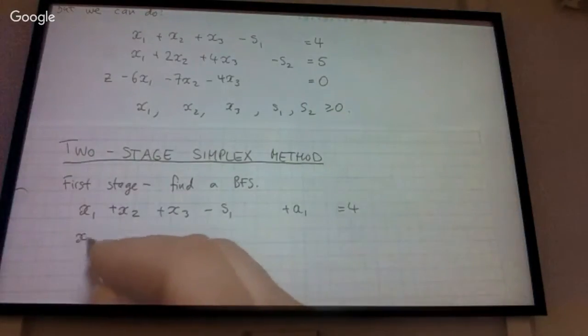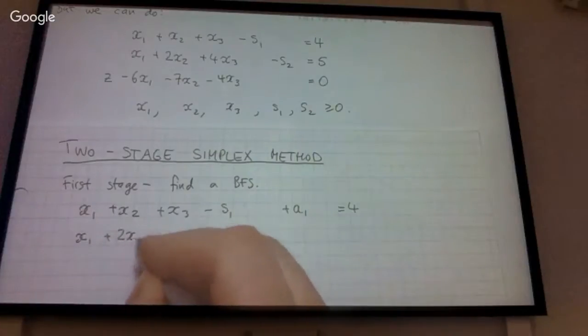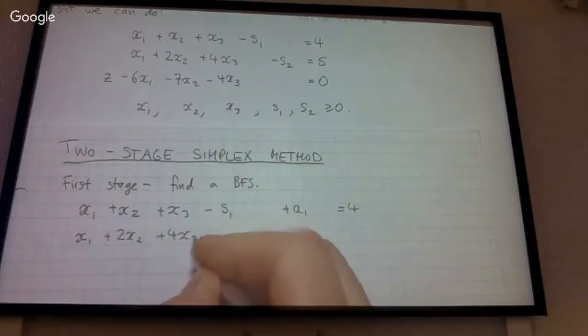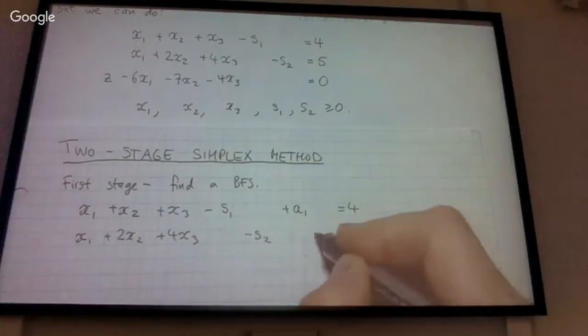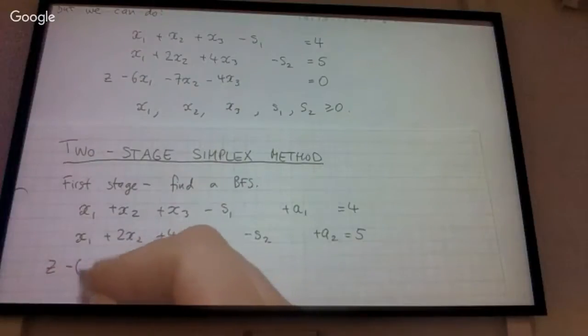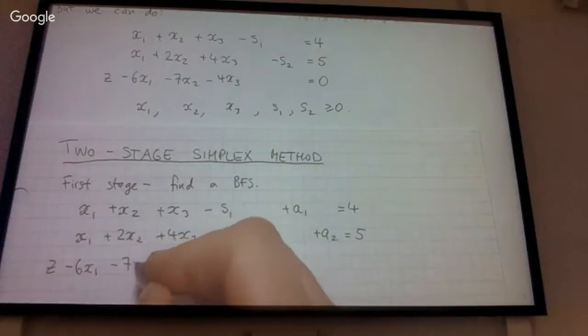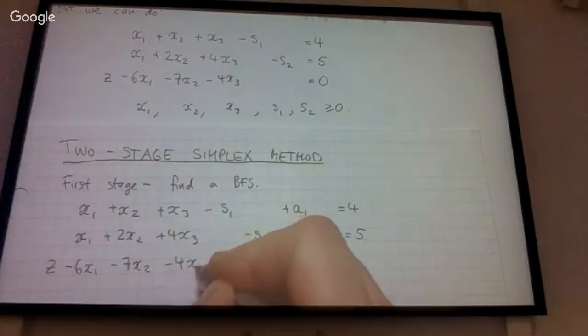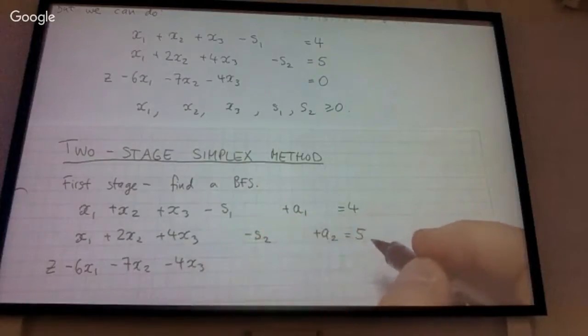And in the second constraint, we add another artificial variable, and then we still have z minus 6x1 minus 7x2 minus 4x3 equals 0.